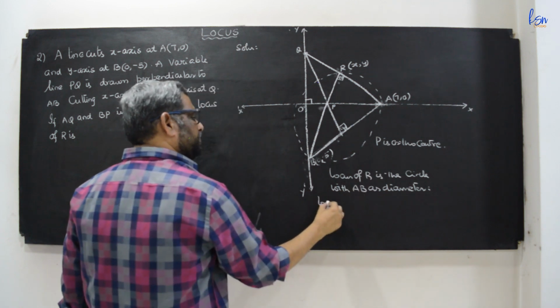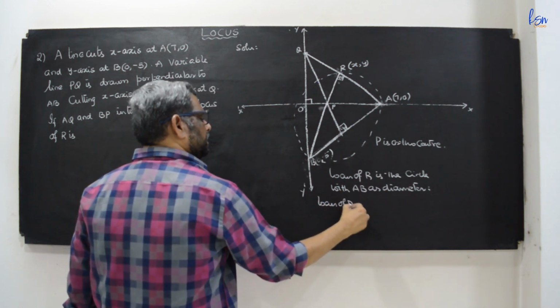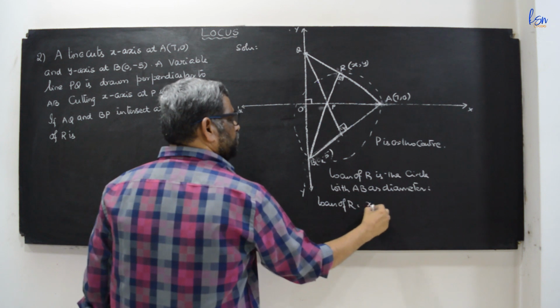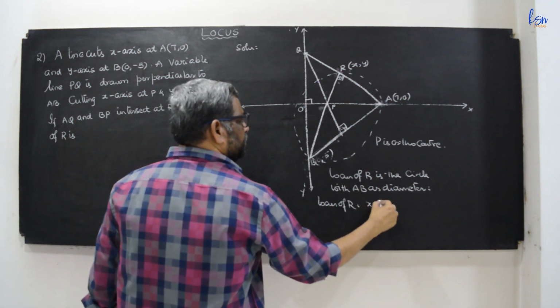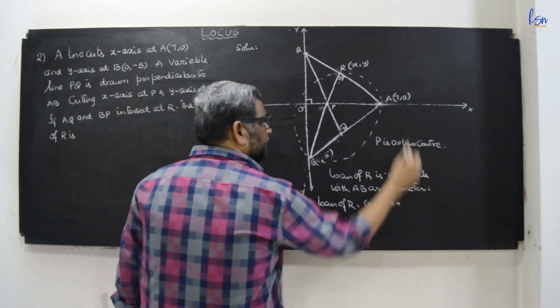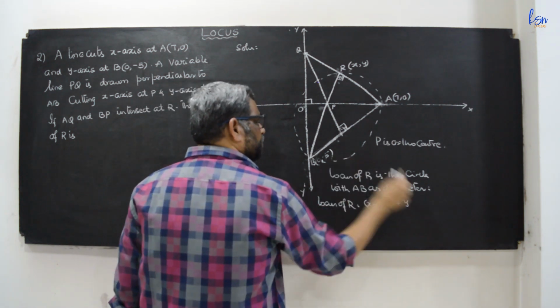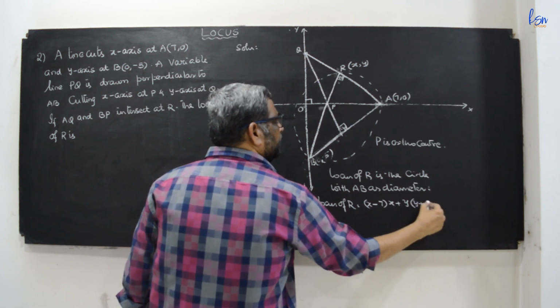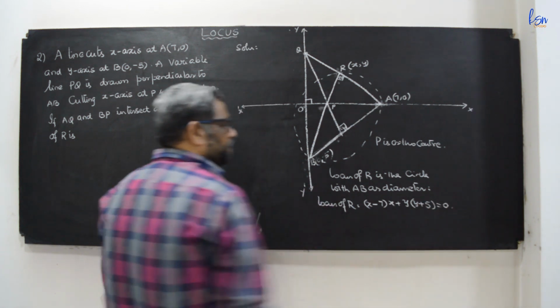Therefore, locus of R: (x minus 7) into (x plus y minus 0) into (y plus 5) is equal to 0. This is the locus.